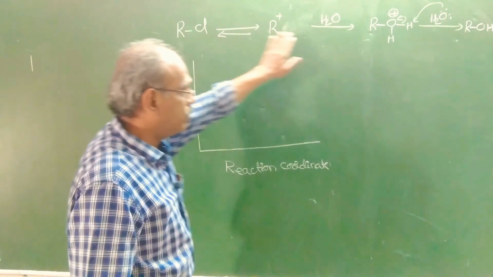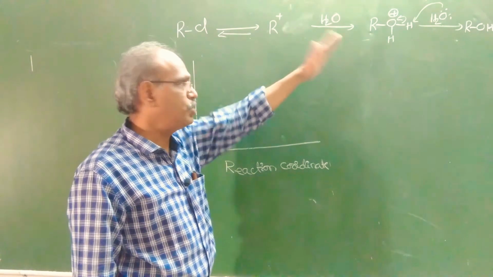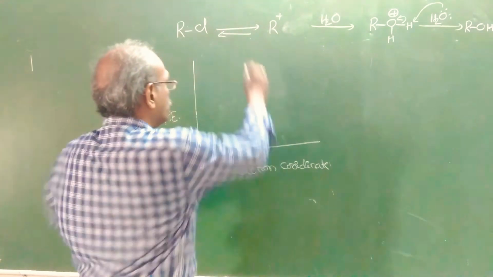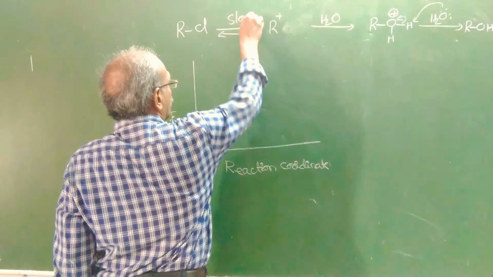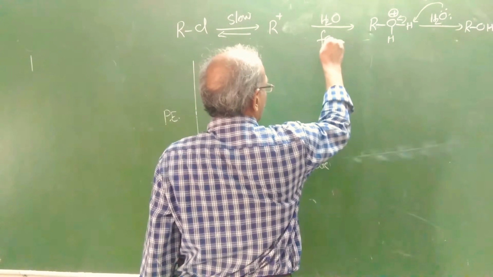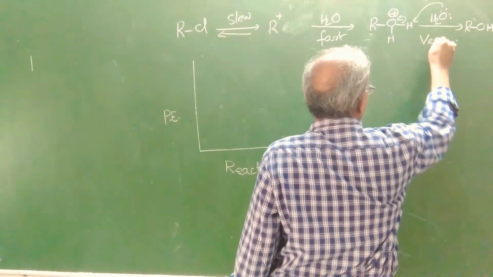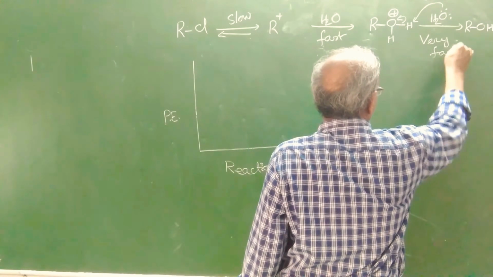See, there are 3 steps. So it involves 3 transition states. Among all, this is the slowest step. This is fast, and this is very fast. It involves H plus, a very fast acid base reaction.